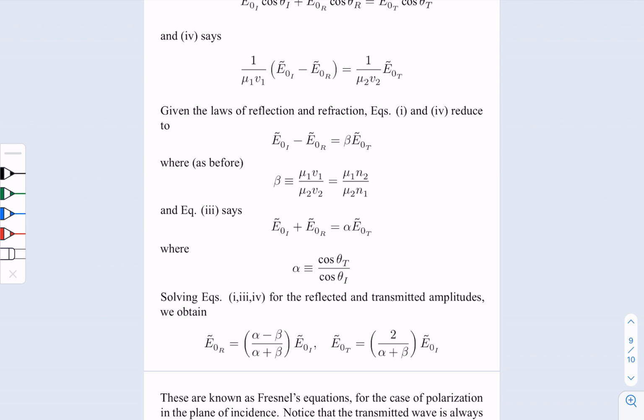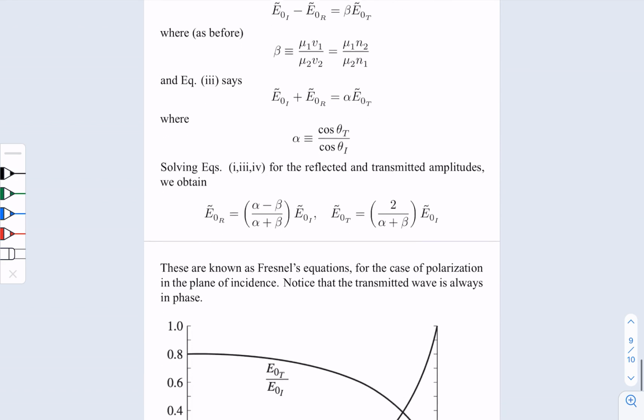somehow Griffiths also introduced an additional definition of alpha, which is the cosine function of the transmitted and the incident light. So here, by expressing everything in terms of alpha and beta, it simplifies the expressions.